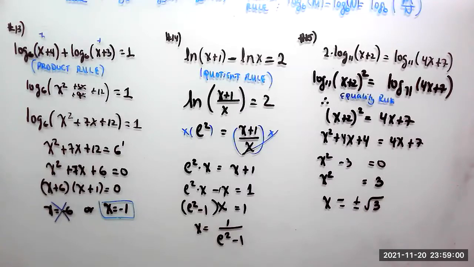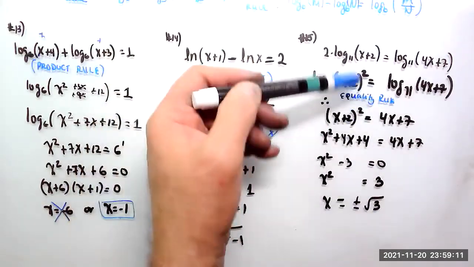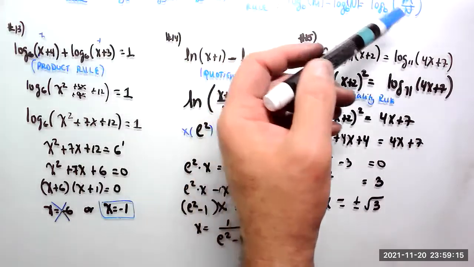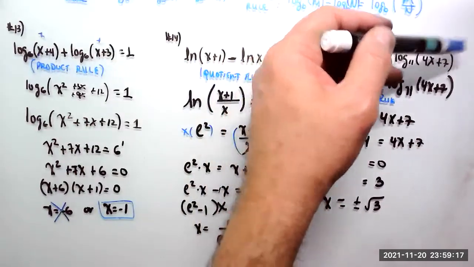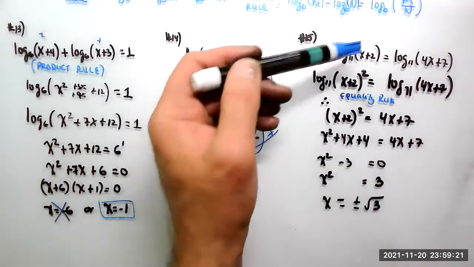So now I have two solutions. Remember that the square root of 3 is 1 point something. So anyway, when I plug it back, 2 plus square root of 3, that's good. 4 times the square root of 3 plus 7, that's positive. What happens when it's the minus the radical?